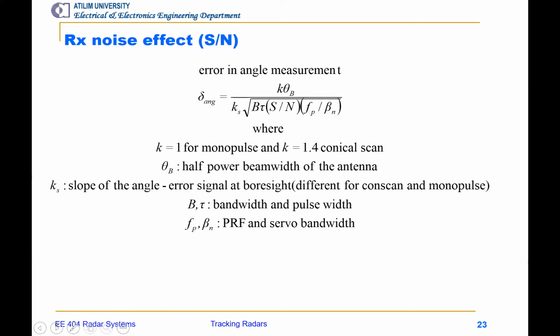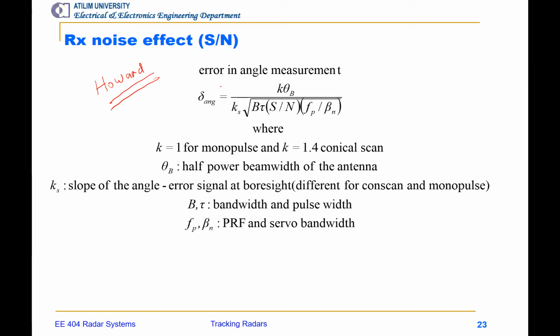Okay, receiver noise. It's one of the well-known sources of error in almost all radar systems or communication systems. We are not going to derive anything new here, but we just use an equation derived by Howard on how receiver noise can be taken into account in tracking radars.